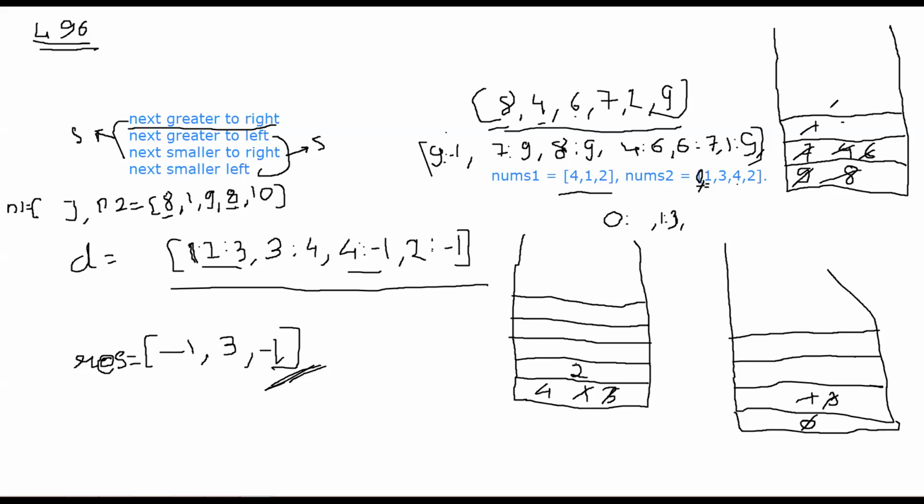So maybe there might be descending order. Good point actually, something to think about. You're saying descending for next greater and ascending for next smaller, right? Yeah, I think that might be the case.